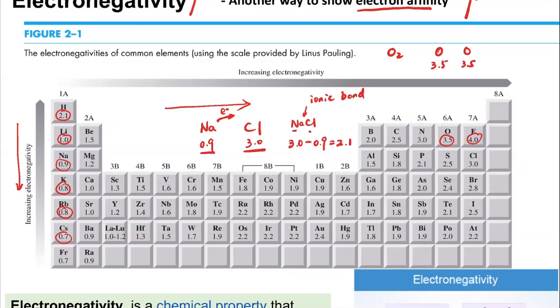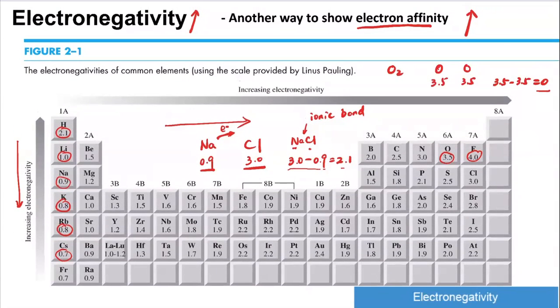If you calculate the difference in electronegativity, similar to sodium chloride, 3.5 minus 3.5 is equal to 0, right? If this value is low or close to 0, we say the bond between the oxygens is called a covalent bond.